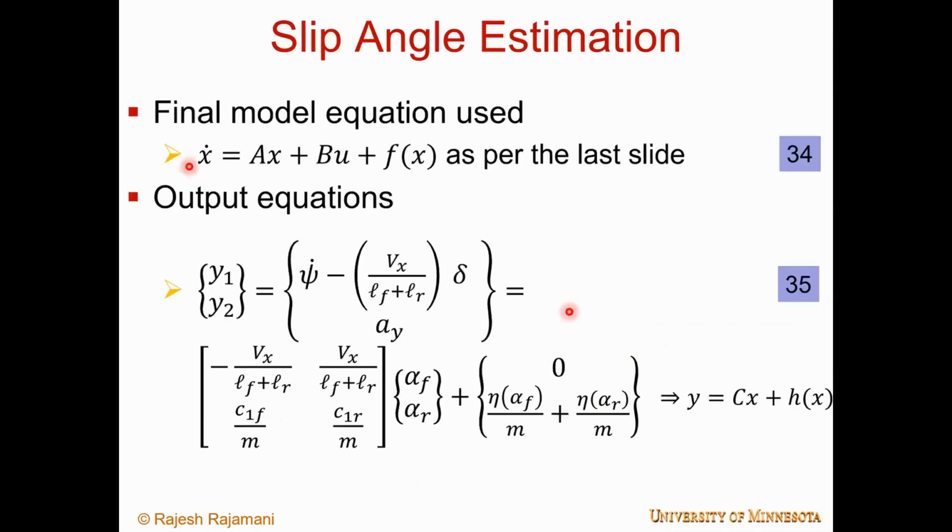So x dot is Ax plus Bu plus f of x. And if you look at the output equation, the outputs are basically the yaw rate and the lateral acceleration. You have a linear term again, C times x, and then you have a nonlinear term as well, h of x. So y is Cx plus h of x.